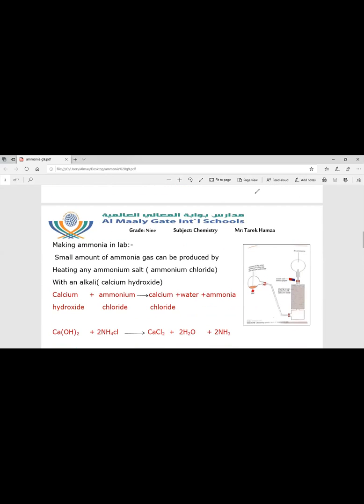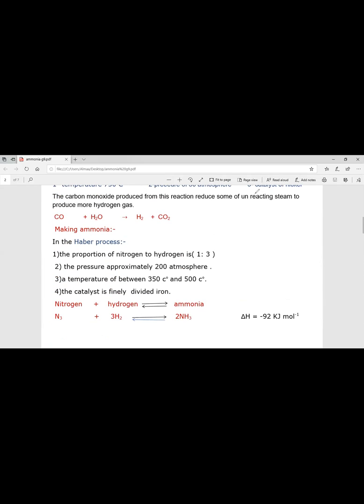Now, this is the experiment to make ammonia in the lab. Does anyone not understand making ammonia by the Haber process? If you don't understand, please raise your hand.